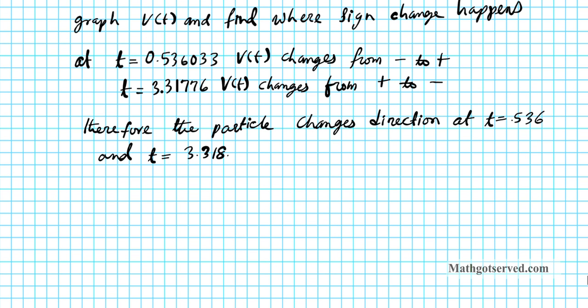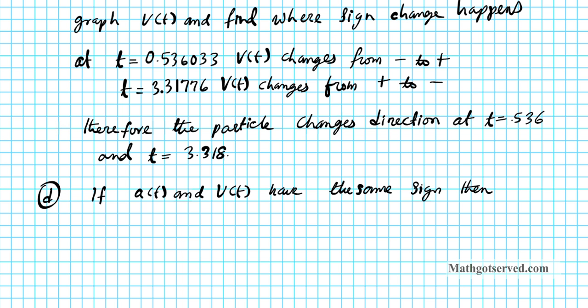We have to find v of 4 and a of 4 and see if their signs agree or disagree. Okay, so if a of t and v of t have the same sign, then the particle is speeding up in that direction.